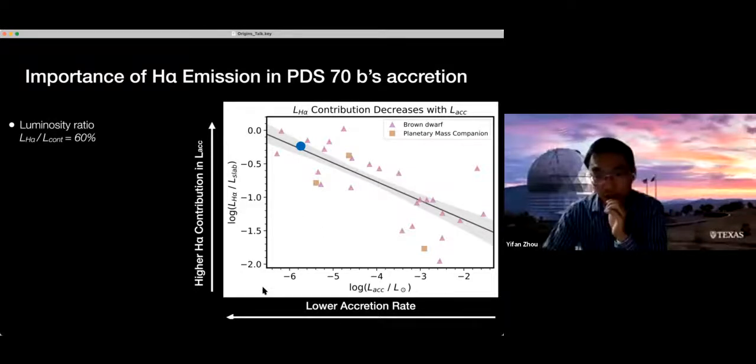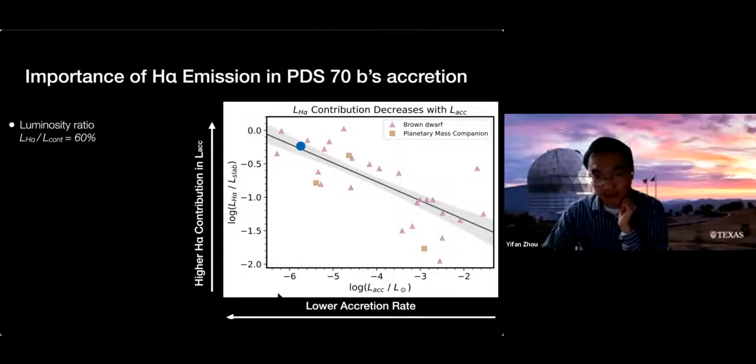So the lower the accretion rate is, the higher the H-alpha contribution there is. The measurement for PDS 70 B from our nominal measurement falls onto this correlation exactly. But for most of the stars, the line contribution can be pretty much ignored because it is below 1%.